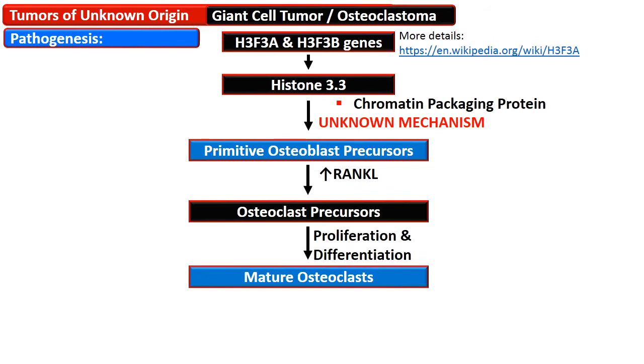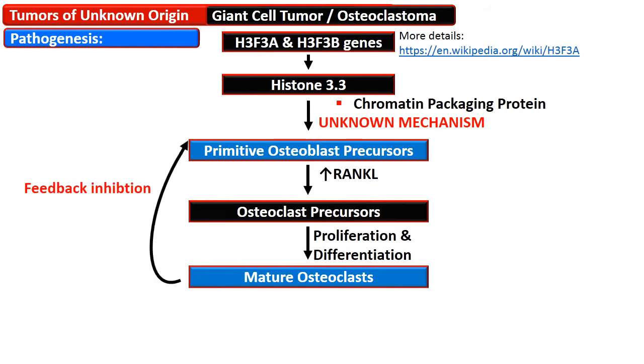By an unknown mechanism, these mutations are responsible for increased RANK ligand expression on the primitive osteoblast precursor, and this increased RANK ligand expression will lead to activation of the osteoclast, which through nuclear factor kappa B proliferates and differentiates into mature osteoclast.